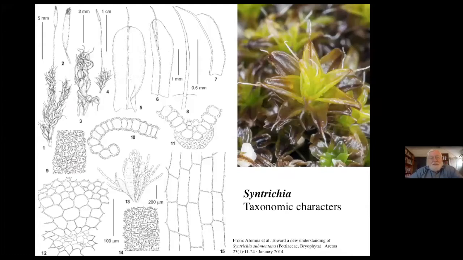So you've seen a bunch of the traits already mentioned as we were talking about variation among the different species. If you were to look at a taxonomic treatment, which this is one, a description of a new species, the kind of characters we're looking at are the leaf characteristics like shape, the length of the hair point.